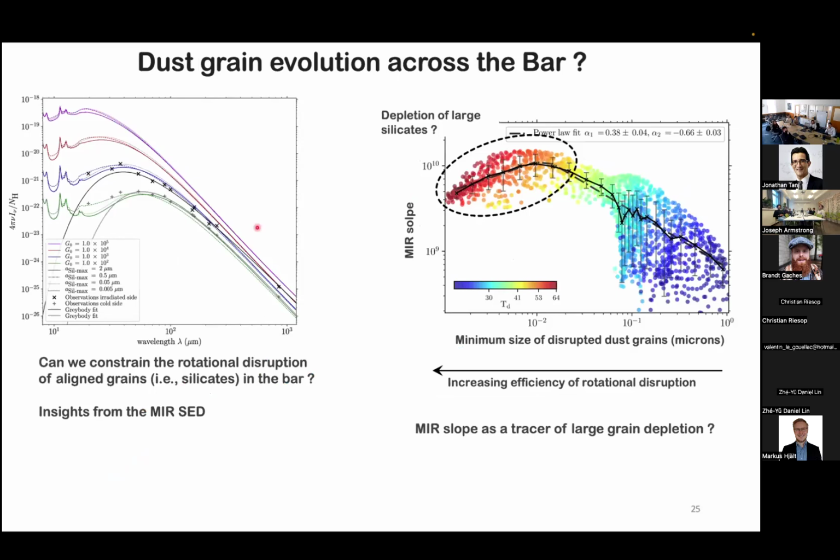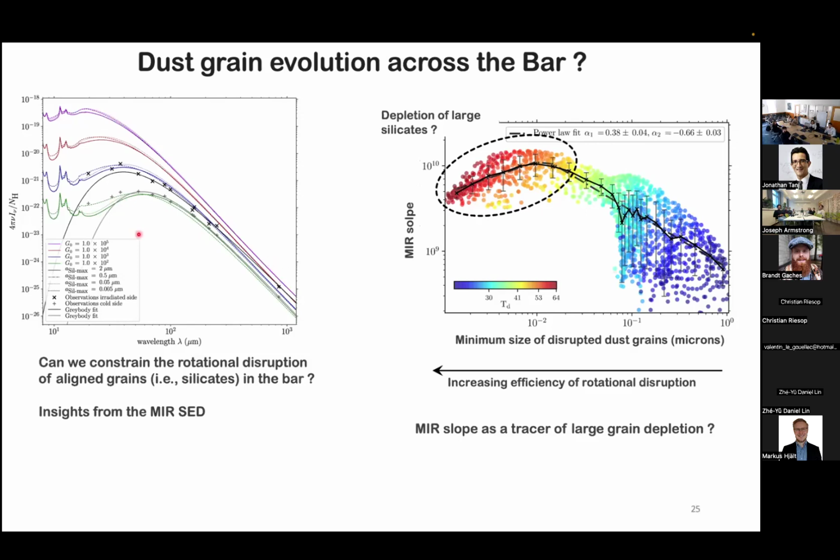And we also tried to link that with the actual dust distribution you can constrain using SEDs, because the Orion bar has been observed at all wavelengths. We have a clearly defined SED, and if this disruption were efficient, all the large aligned grains would be destroyed, and we would see an excess of small grains in the bar.